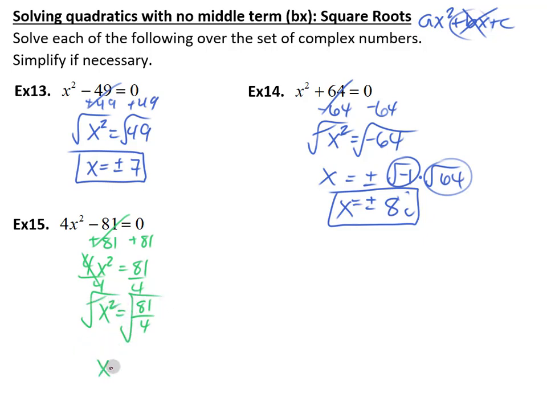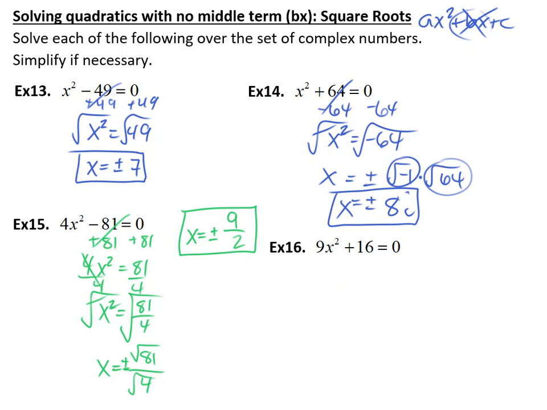Now, properties of radicals, and we didn't talk about this yet, but you can separate them over multiplication or division. Square root of 81 over the square root of 4, and it is plus or minus. So if we do that, luckily enough, these both give us nice answers. The square root of 81 gives us 9 in the top of our fraction, and the square root of 4 is 2. Plus or minus 9 halves are our 2 solutions.